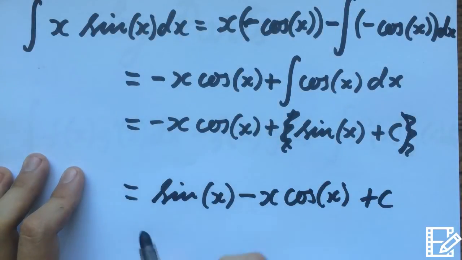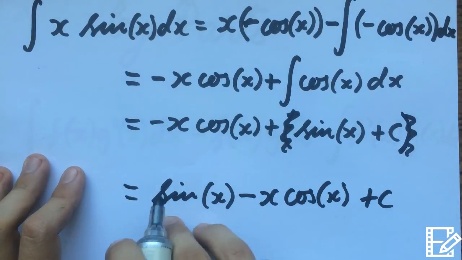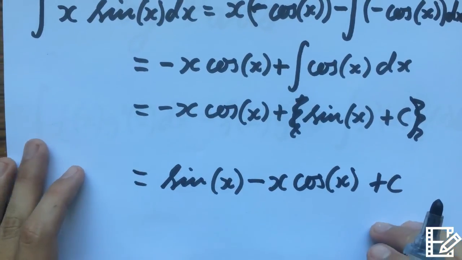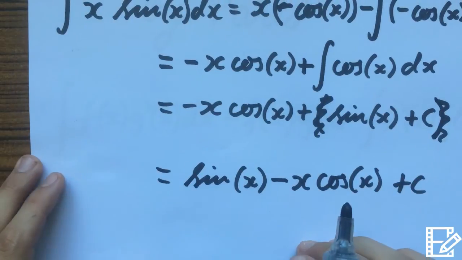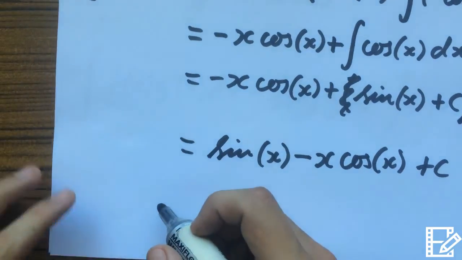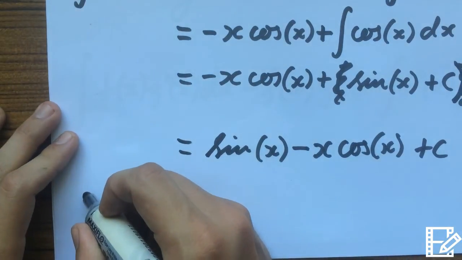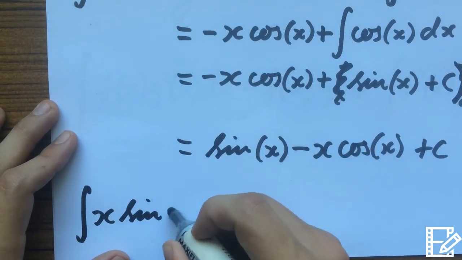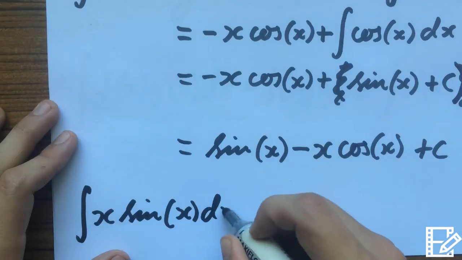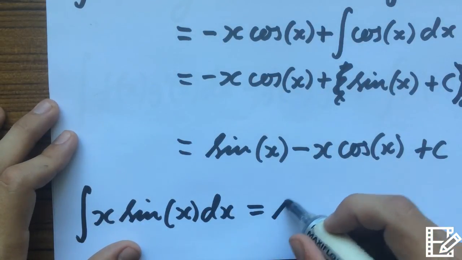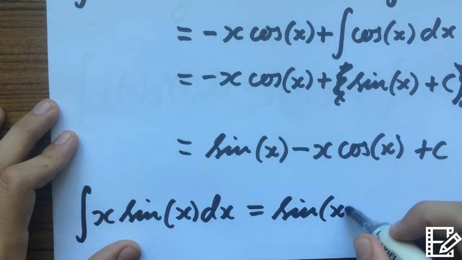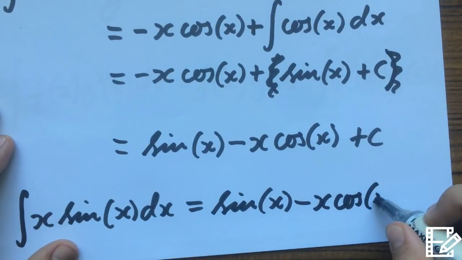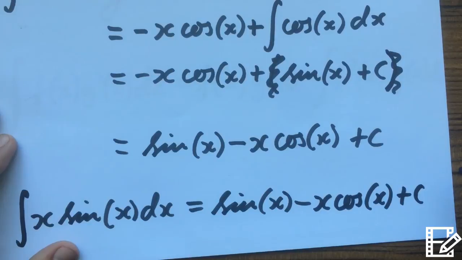I only rearrange it like that because it makes it look neater. It's better having a positive number out the front than a negative number, if you can avoid it. And so, if I rewrite this down the bottom, the integral of x sine x is equal to sine x minus x cos x plus c.